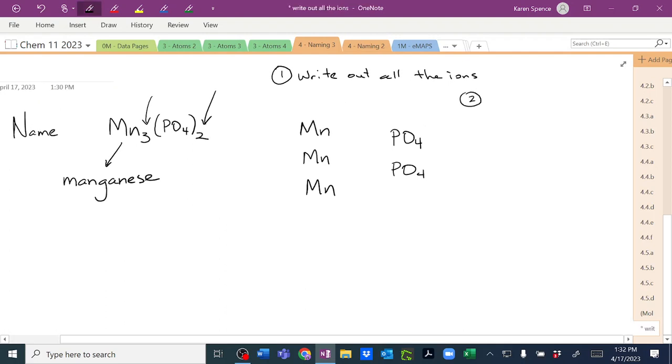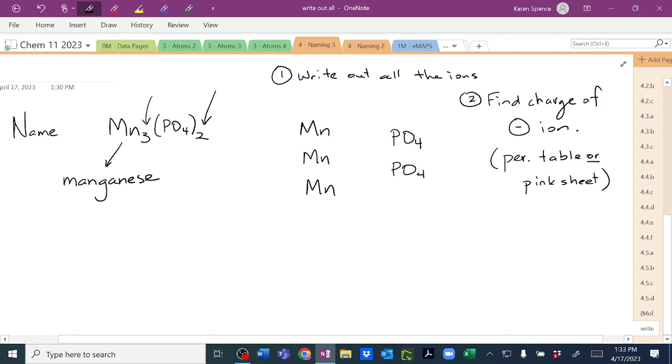Step 2, find the charge of the negative ion. And that's either going to be on your periodic table or it's going to be on your pink sheet. The charge of PO4, look on your pink sheet, it is 3 minus.